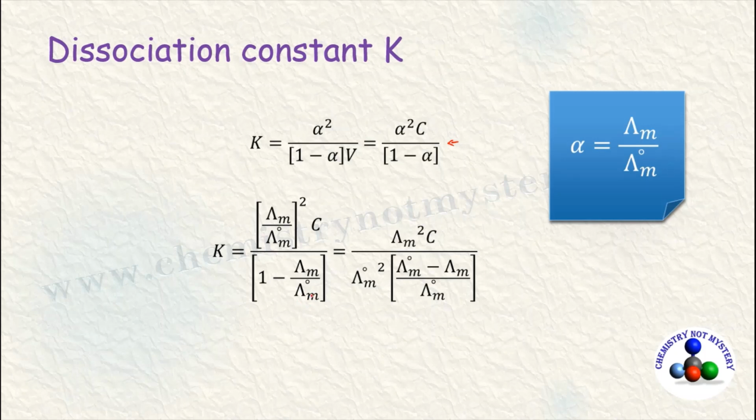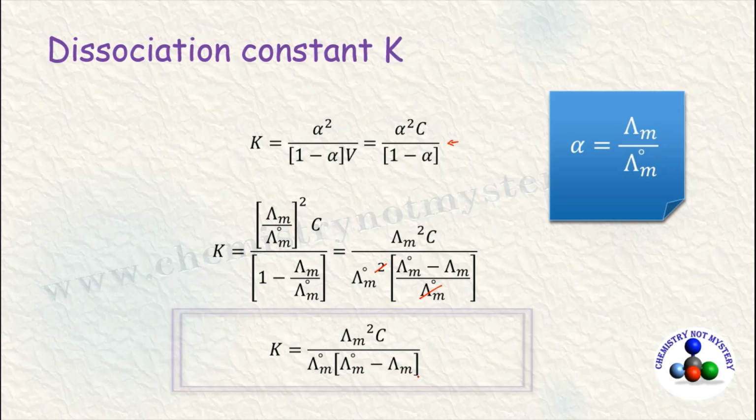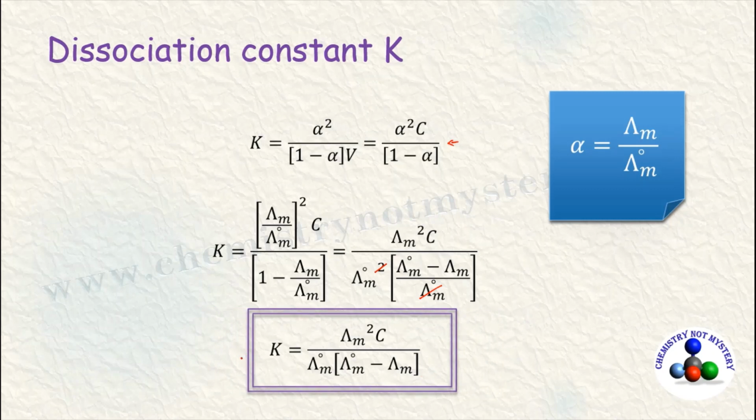When you solve this equation, you will get lambda m square multiplied by concentration divided by lambda m naught square multiplied by (lambda m naught minus lambda m) divided by lambda m naught. So this lambda m naught will get cancelled out with one of the lambda m naught present outside. And here you will get lambda m square C divided by lambda m naught multiplied by (lambda m naught minus lambda m). So this is the formula for the calculation of dissociation constant.